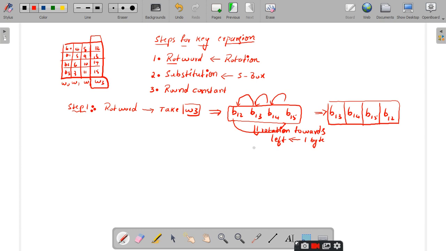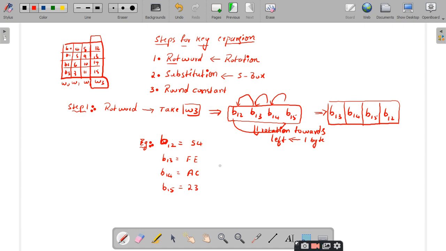Yes, sir. So if I take an example here, let us take B12 as 54, B13 as FE, B14 as AC, B15 as 23.